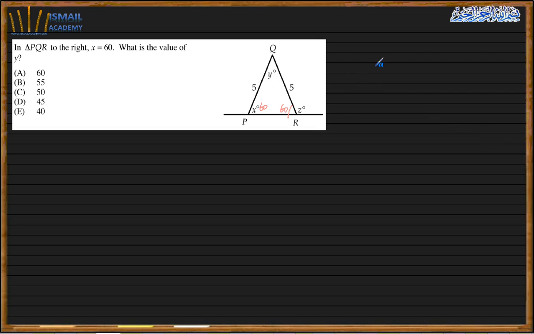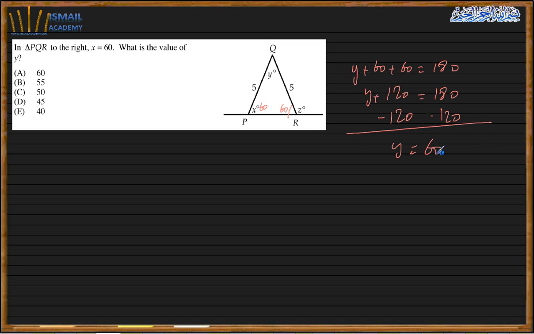Because the interior angles of a triangle add up to 180. So this is 120. When we subtract 120 from both sides, y will be 60. They ask for y, so y is 60, which is A.